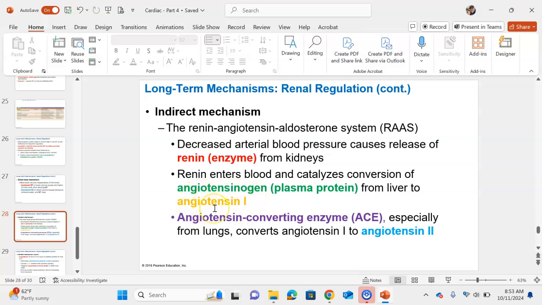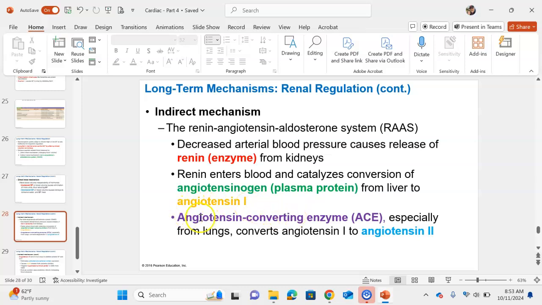Now, angiotensin 1 will move through circulation, and as it passes through the pulmonary capillaries in the lungs, there's a membrane-bound enzyme in the pulmonary capillaries called angiotensin converting enzyme, or ACE. Maybe you've heard of that before, ACE.